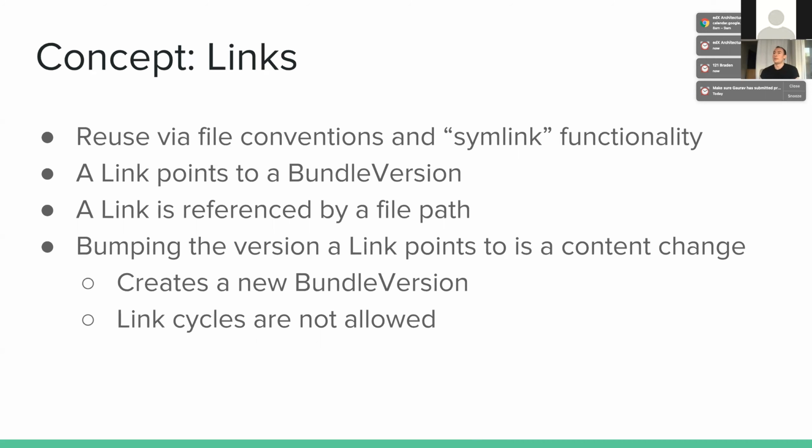And the way the architecture works is if you have a link to some problem, for example, and you want to use a newer version of the problem, you will bump to the newest version of that, and that will create a new version of your bundle where you're using the problem. And we don't allow link cycles, so you can't link to a problem which then links back to your course, for obvious reasons, hopefully.